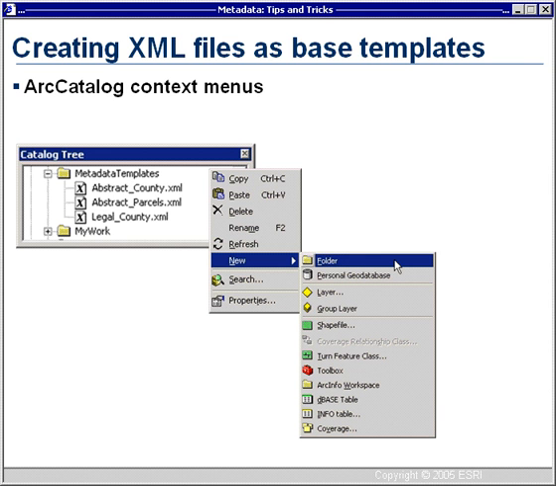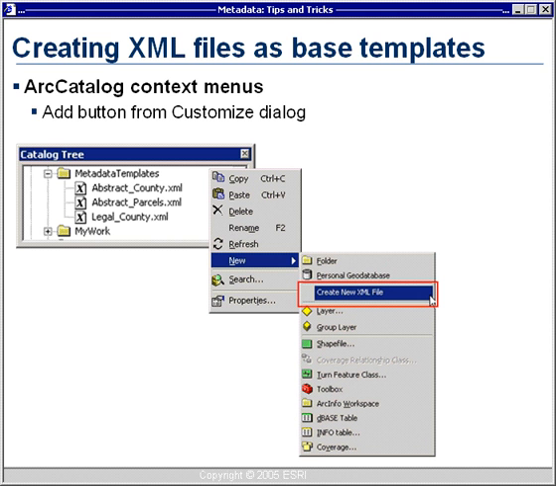In the previous topic, I showed you how to create an empty XML template using a text editor. But if you're already working in ArcCatalog, it might be easier to create your empty template files there. But as you can see in this illustration of the default context menus, there is no way to create a new XML file. It doesn't show up in the list. But what if you could add that option?